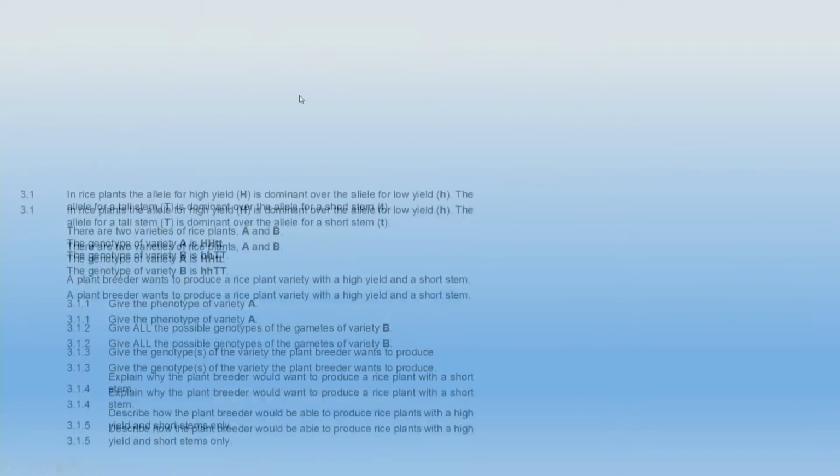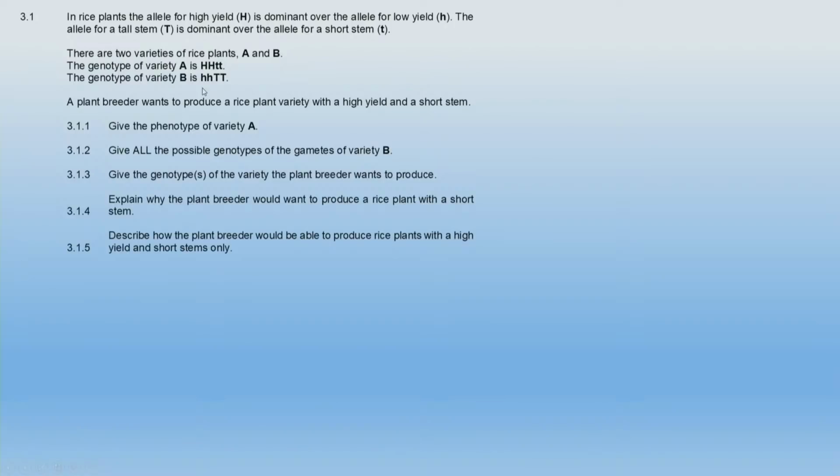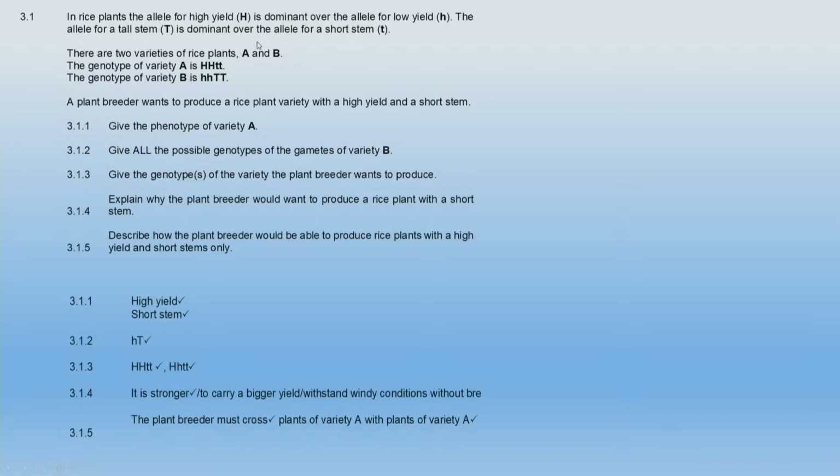So there are a lot of examples. Again, typical questions: give the phenotype, give the genotype, that they must answer. So they must very carefully know which is dominant, which is recessive. Again, 2 genes, but 4 alleles are evaluated.